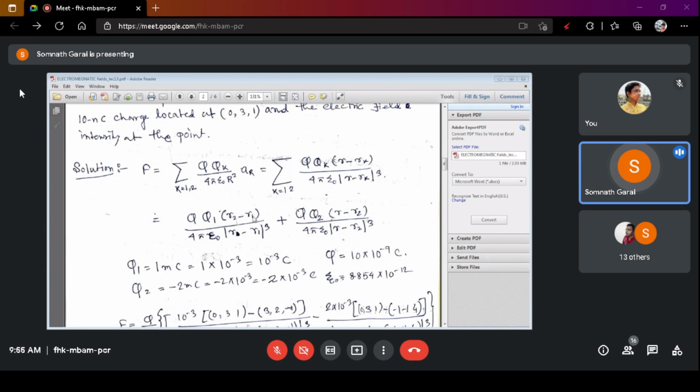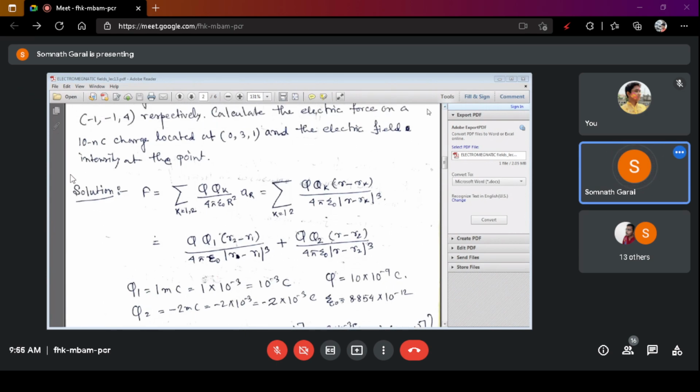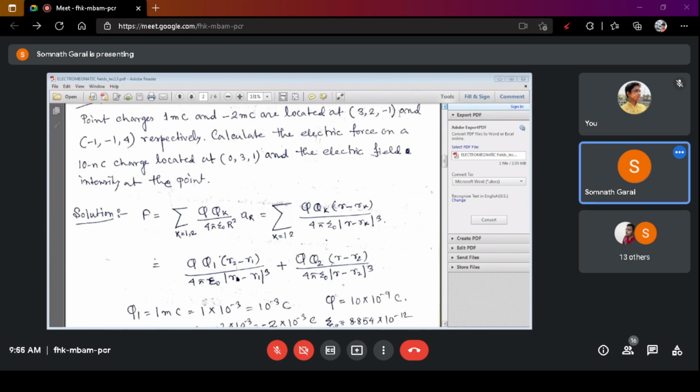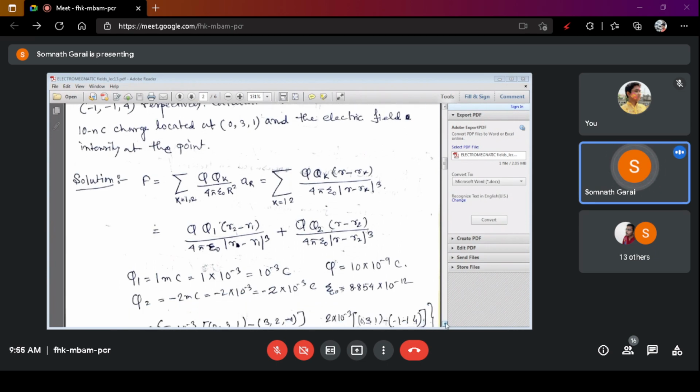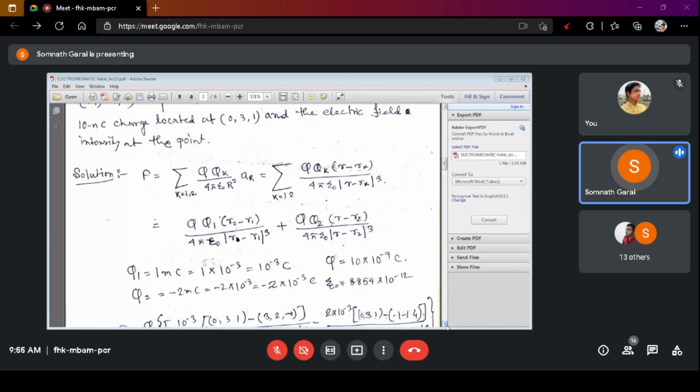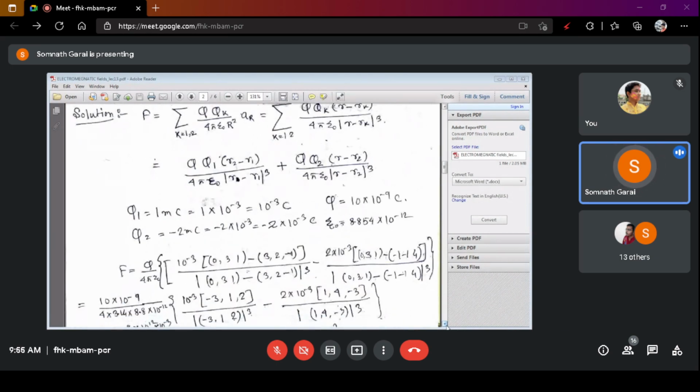The value of R1 is the position vector of the point charge Q1, whose value is 3, 2, minus 1. And small r2 represents the position vector of Q2, whose value is minus 1, minus 1 and 4. Right? Now we put the values of the position vectors here.